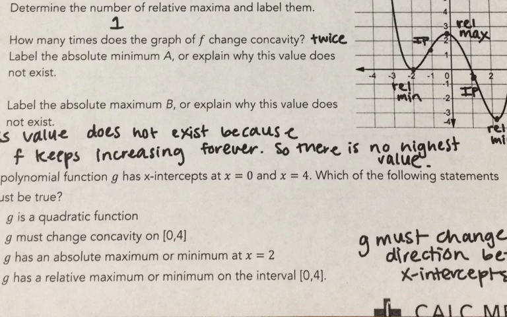We haven't talked about this yet, but a degree 2 polynomial, which would be a quadratic, can have at most two x-intercepts. It can't have more than two x-intercepts. But we have seen quadratics that have one x-intercept and zero x-intercepts. So just because it's a quadratic does not guarantee it has two.